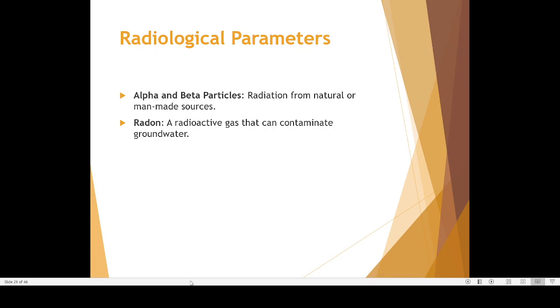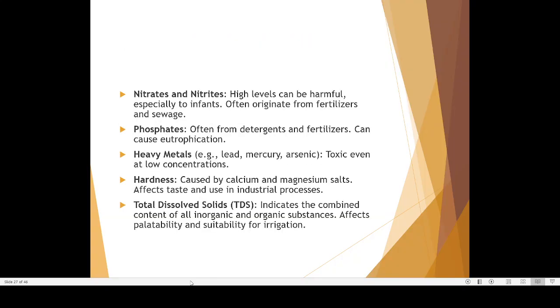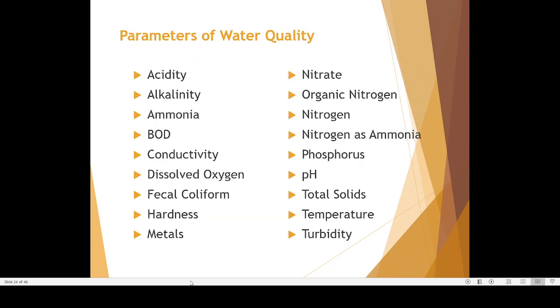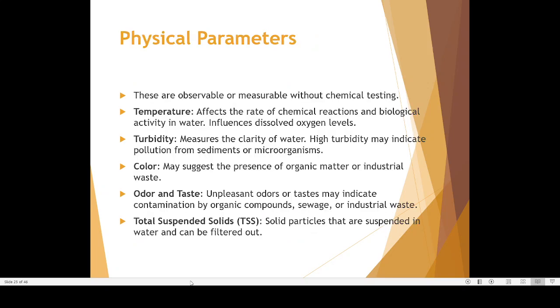All this we have to check. Otherwise, long-term regular use of groundwater, if it contains something, is not good for your body. So these are the different parameters which come under the parameters of water quality. I have discussed almost all the parameters under different headings.